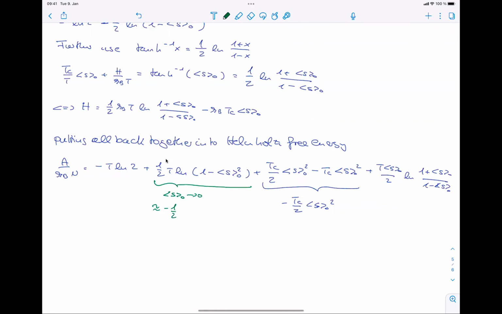we see that this can be expanded as a half T s squared minus, and similarly this term becomes T, okay, so what we see now is that we have a term that's independent of the magnetization.